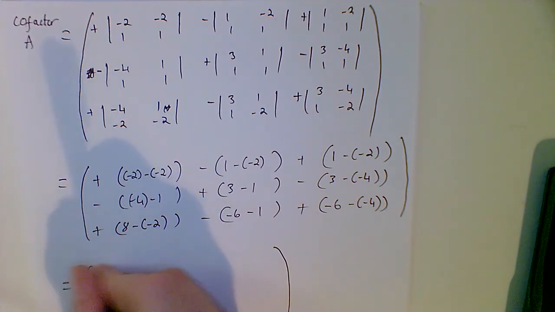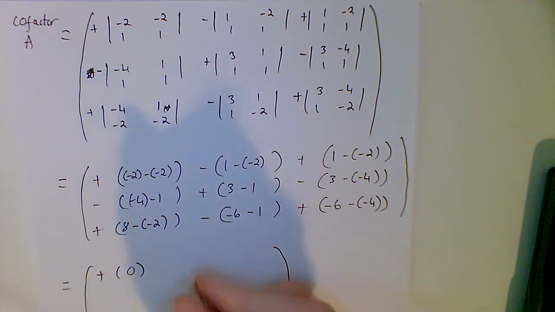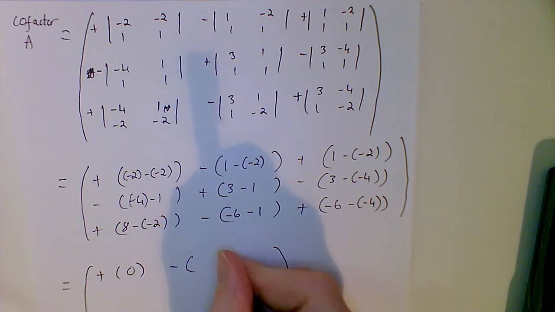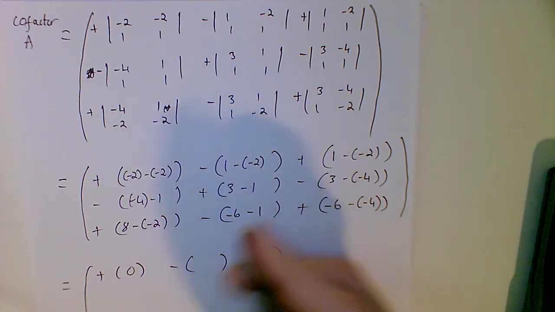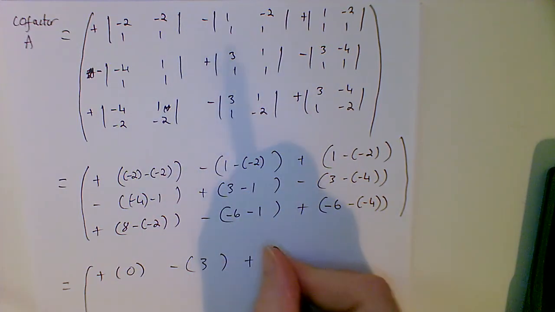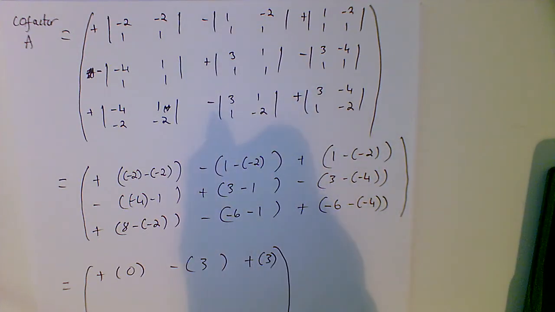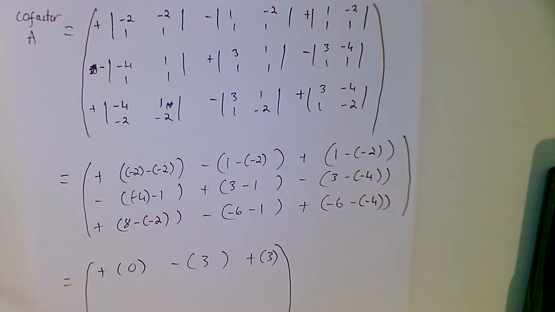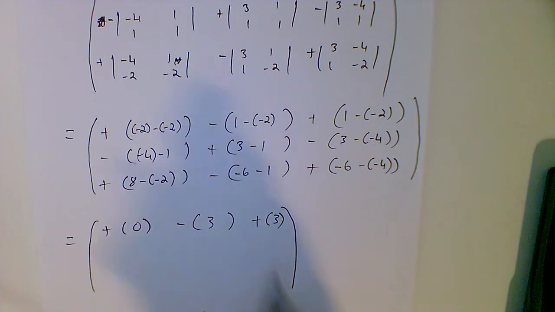So plus 0, subtract -3 plus 3. So just simplify that down.